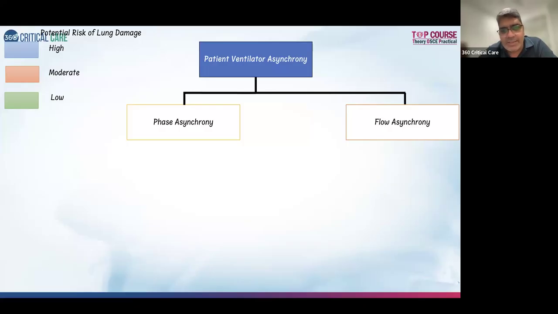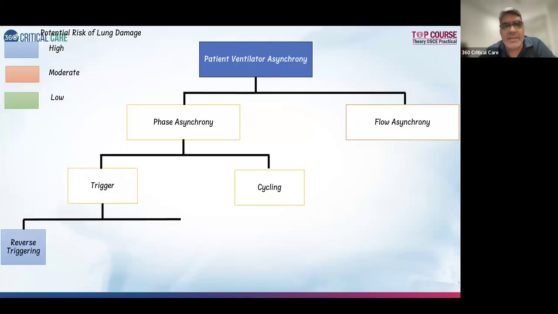Phase asynchrony means how the cycling and trigger settings can influence the patient's comfort or discomfort and his or her breathing with the ventilator.